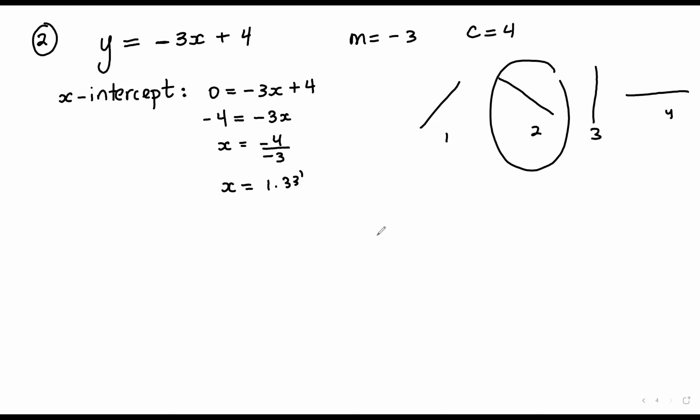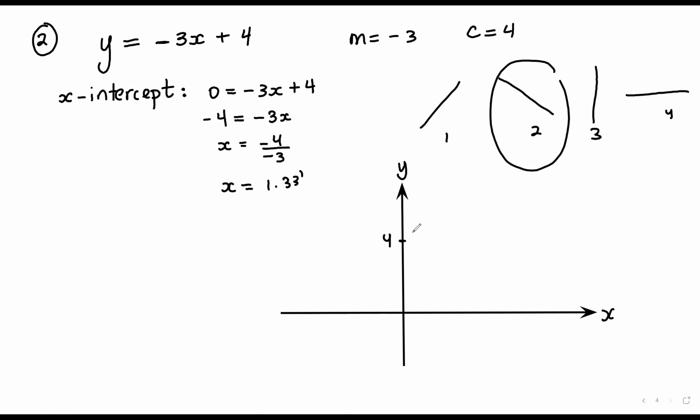So on my graph, I would have my axes, right? I have my y-axis and my x-axis. It's going to cut the y-axis at 4, so this is (0, 4), and cut the x-axis at 1.33. So the graph of this equation is going to pass through those two points.